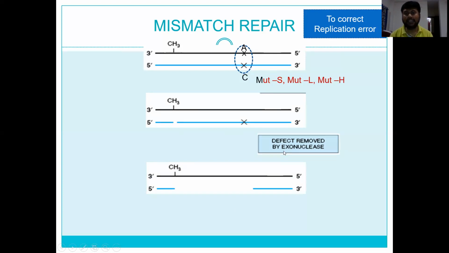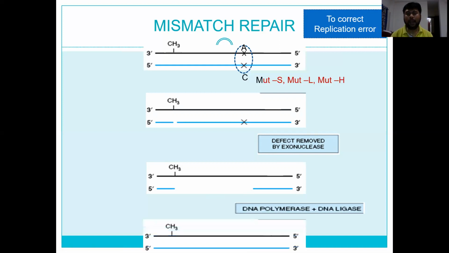Next, this gap will be refilled by DNA polymerase and DNA ligase, thereby completing the repairing work. Got it? I will just repeat once again. It actually involves 4 steps. The first step is identification of the error by MUT-S protein.